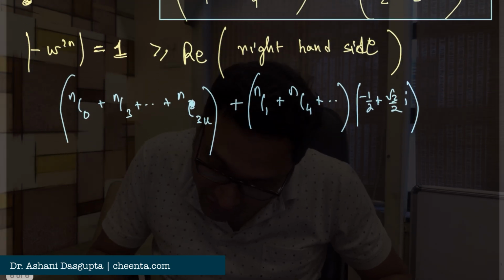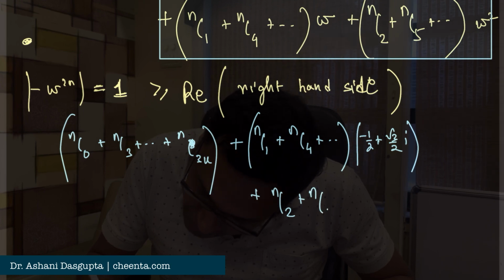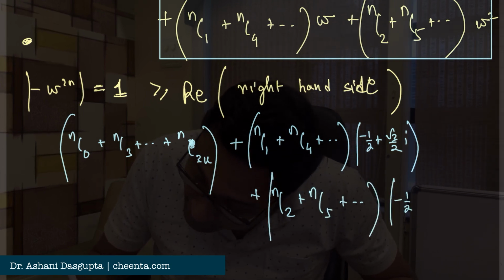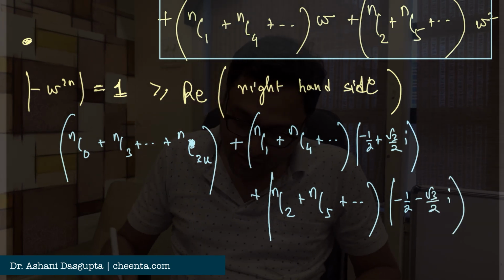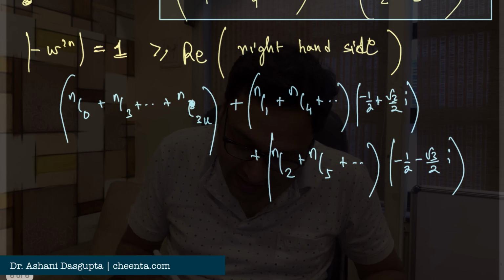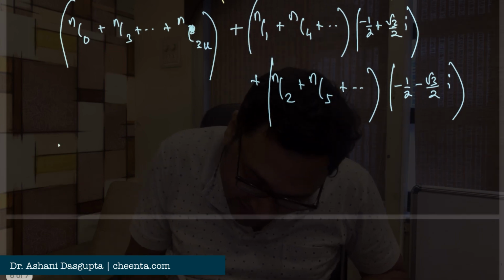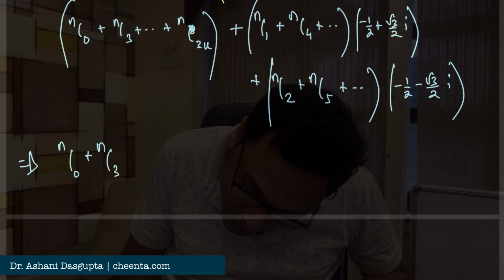And then n choose 2, n choose 5, times negative half minus square root of 3 by 2 i. Now I can split this and write n choose 0 plus n choose 3 up to n choose 3k.